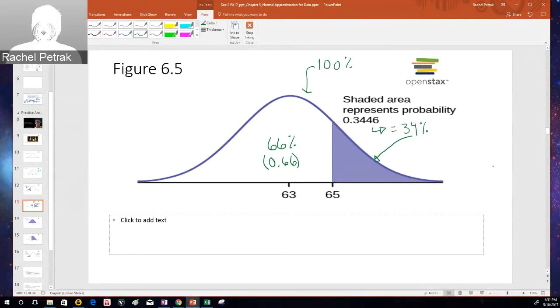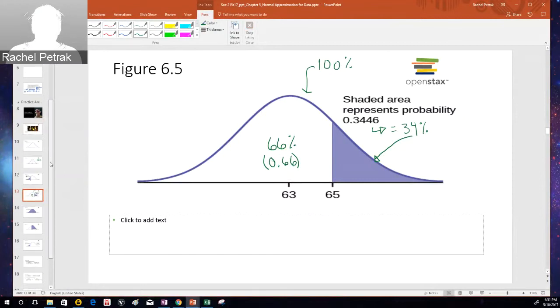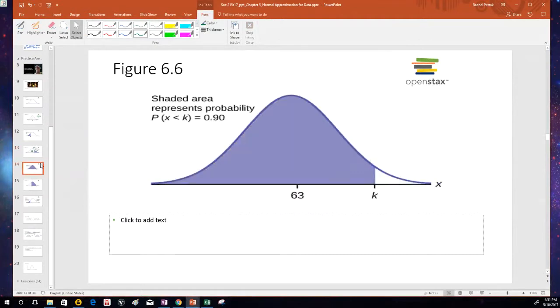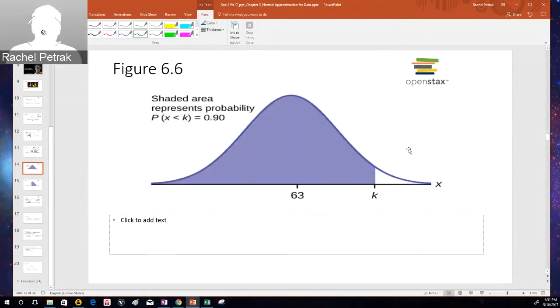So 66% lies below a score of 65. Now we have shaded the lower portion of the distribution. And here is the proportion of the distribution below a score equal to K. So this is what they're saying.